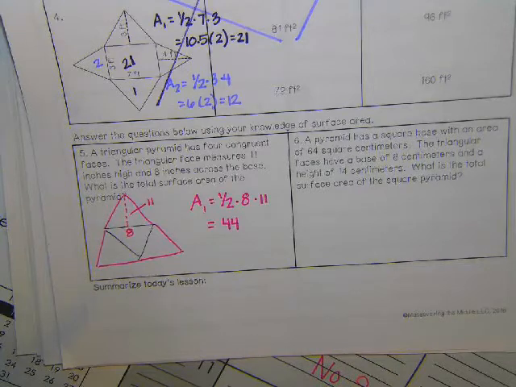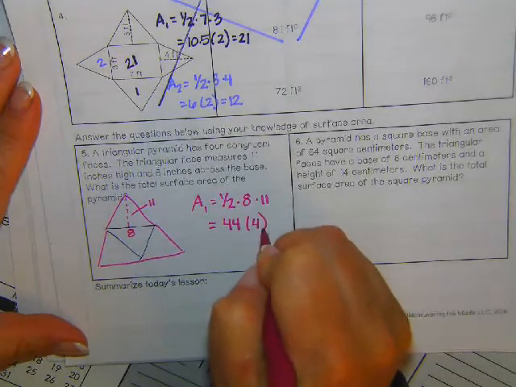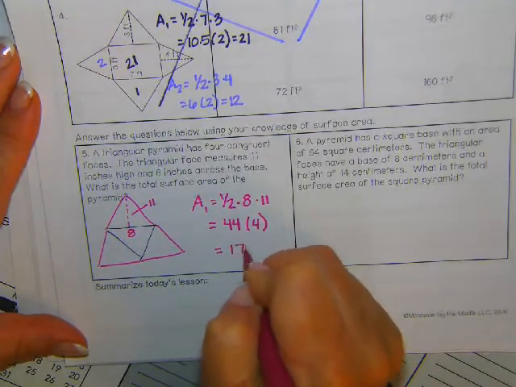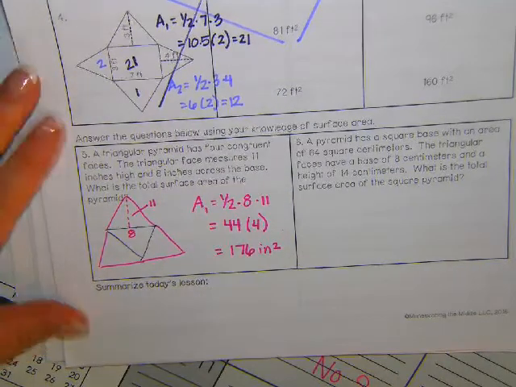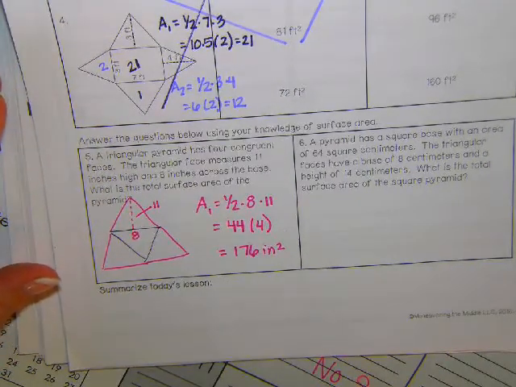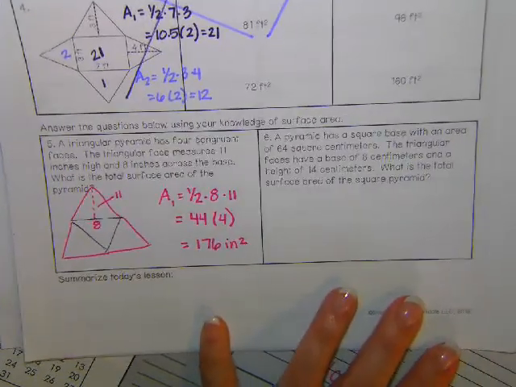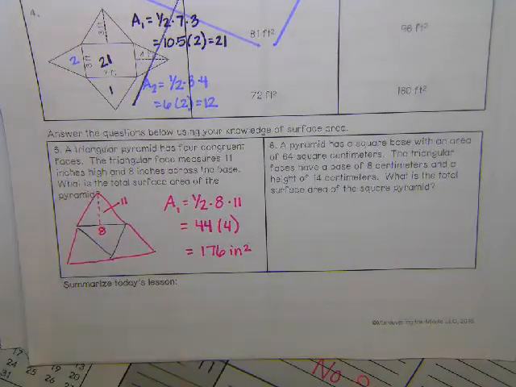Ben? 4, because they're all the same. 44 times 4 is 176 inches squared. So again, it might be helpful sometimes just to draw a little picture to help you out.